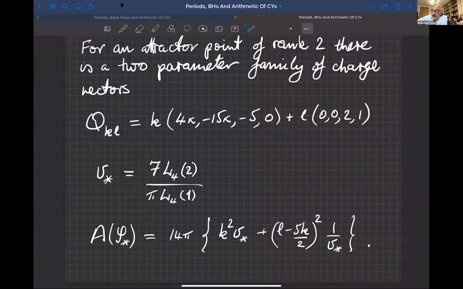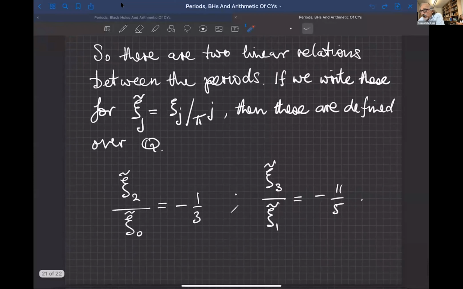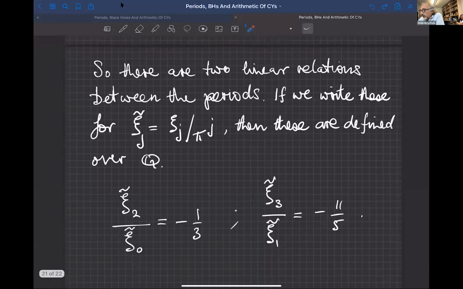So the point is that these attractor varieties have remarkable arithmetic properties. These arithmetic properties are summarized in these remarkable arithmetic properties of the periods, these ratios here between the periods.